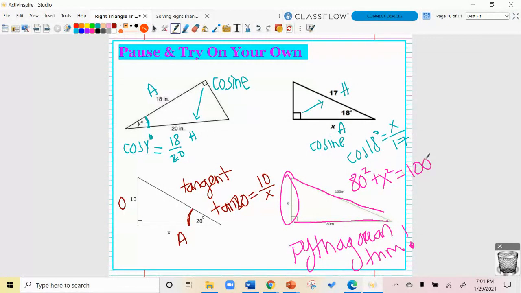I'm not saying I'm going to do that, right? So use what you know and don't let those things go away. If you can use the Pythagorean theorem, trig is unnecessary. What trig is going to help us do is something like this, right? I only know one side. I can't use the Pythagorean theorem. The Pythagorean theorem needs two sides.